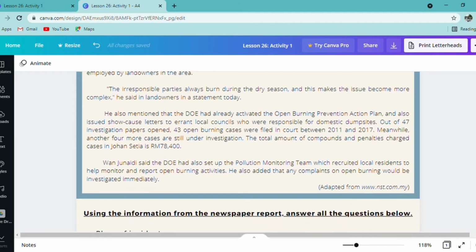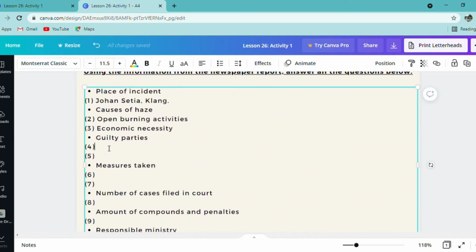So the answer here is immigrants and landowners.